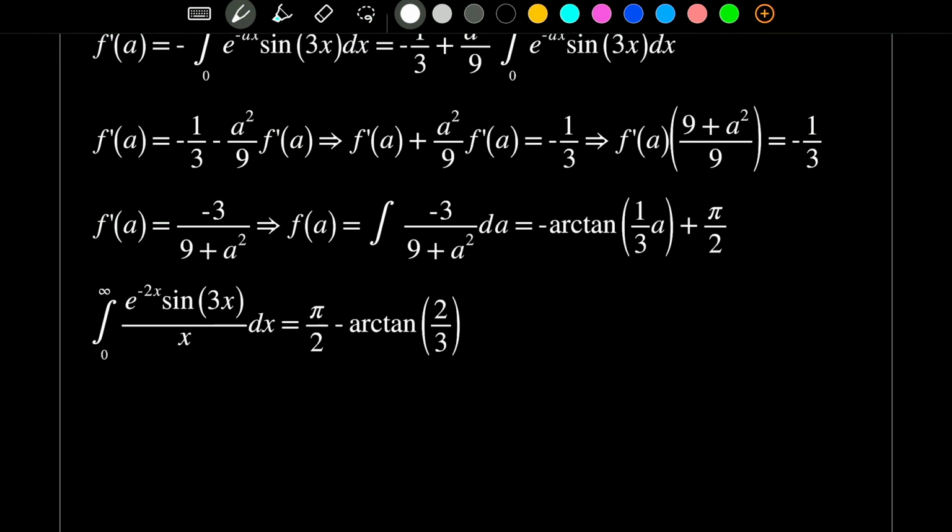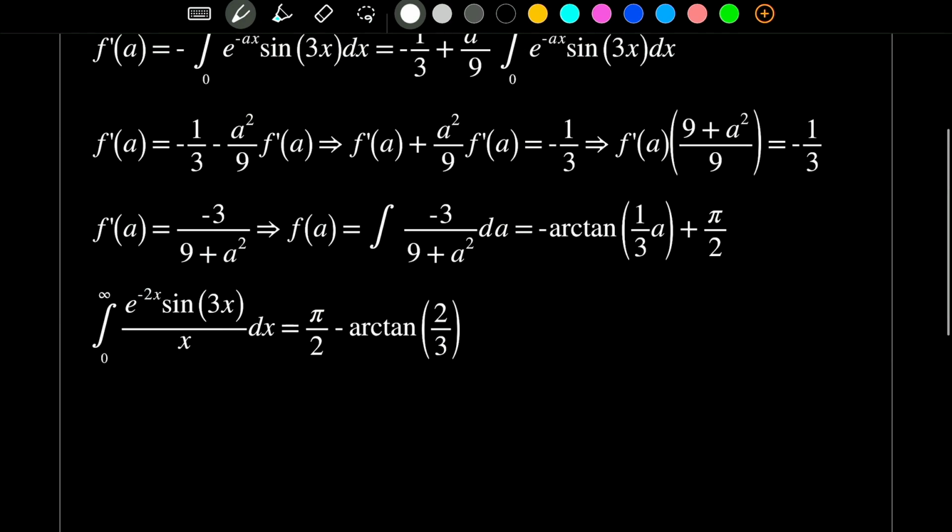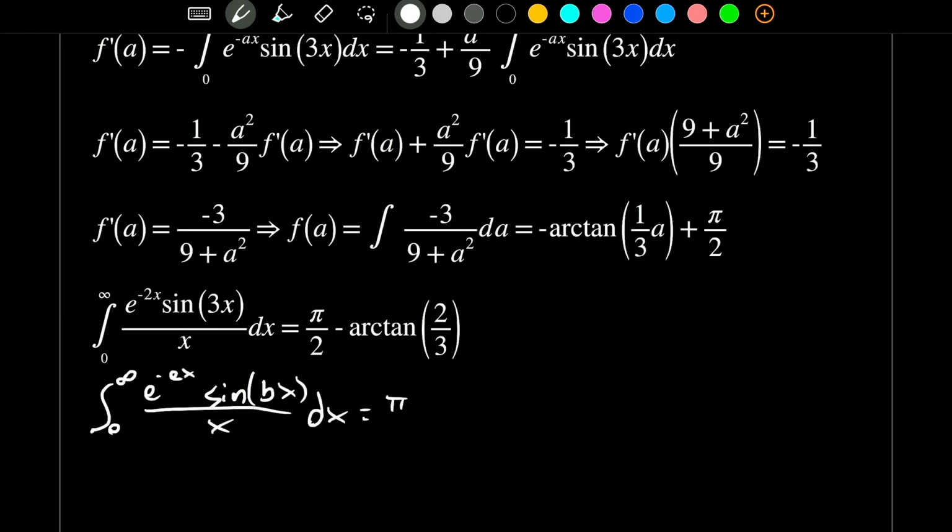Now, maybe one last thing to notice here, we could actually generalize even more by using a random variable for 3 here. So that would be the integral from 0 to infinity of e to the power of minus ax times sine of bx all over x dx is equal to pi squared over 2 minus arctan of a over b.